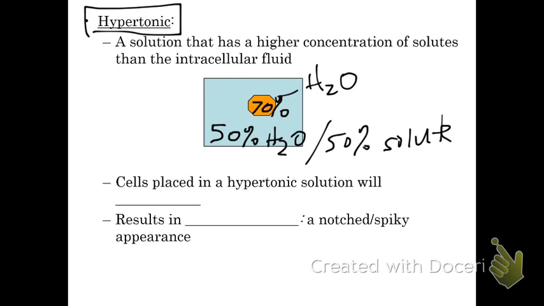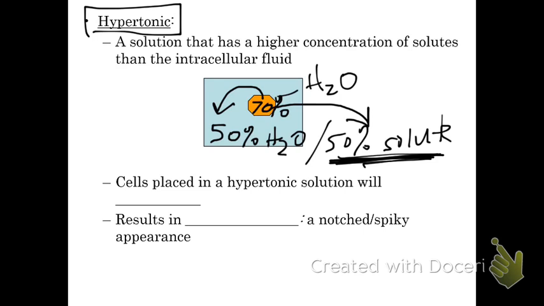Well, remember, there's two ways to think about this. One, water is going to go where it's in higher concentration to where water is in lower concentration. So that means that water is going to move out of the cell, doesn't it? Water is going to move out of the cell. The other way of thinking about it is that solutes suck. And because there is a greater concentration of solutes out in the environment, again, water is going to be leaving the cell and coming out into the environment.